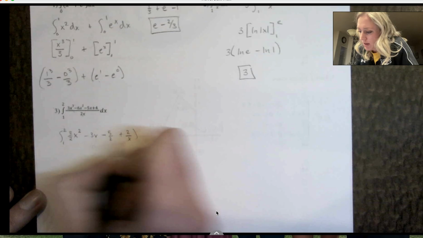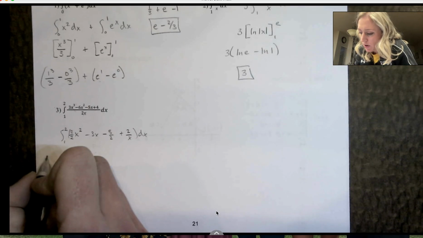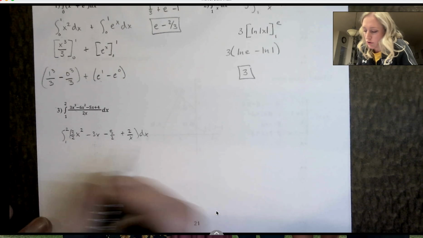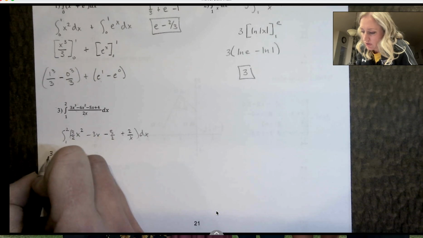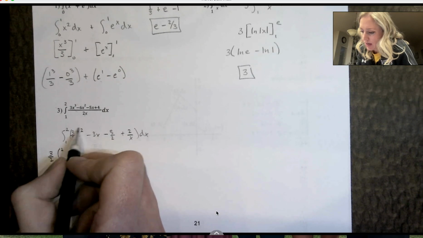Okay, so same thing. I can split these all into separate pieces. So I'm going to do that so, again, I can illustrate those properties. So I'm going to pull out all the constants. So this first part, keep my 1 and 2 bounds, okay?